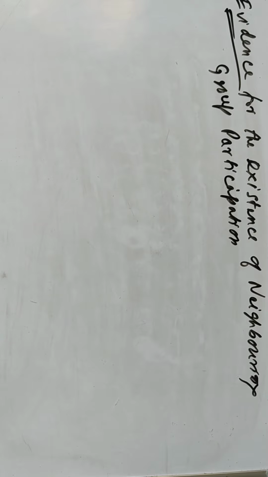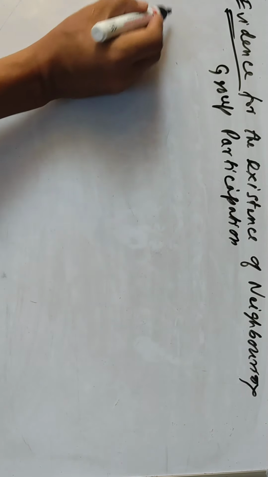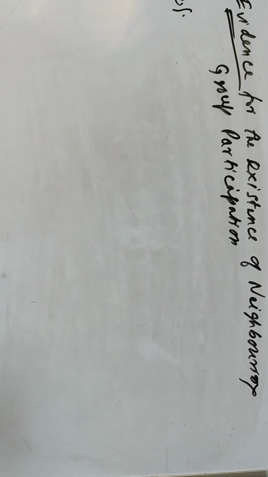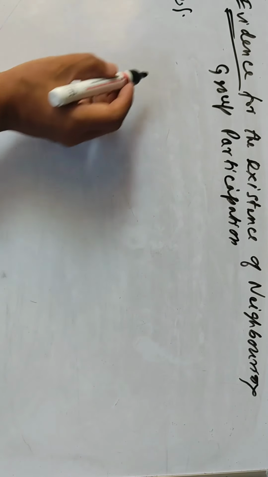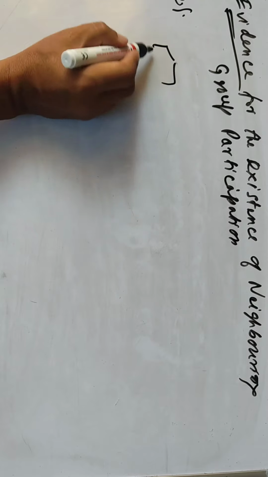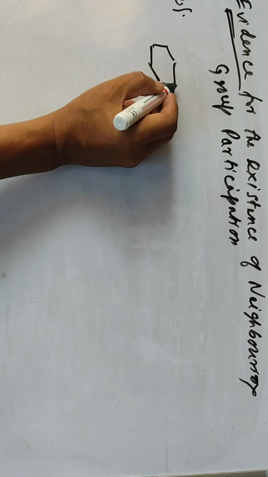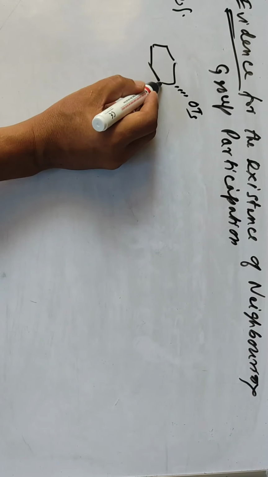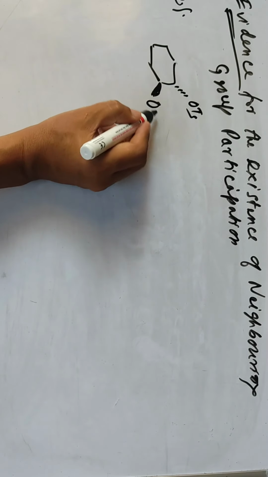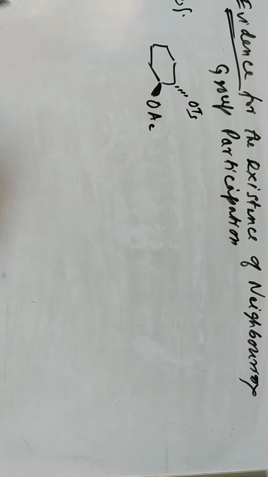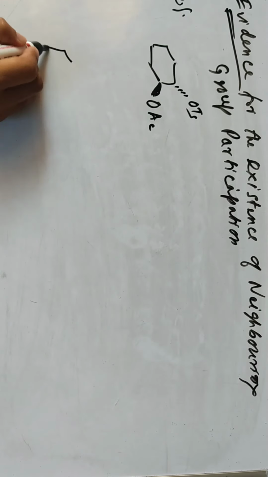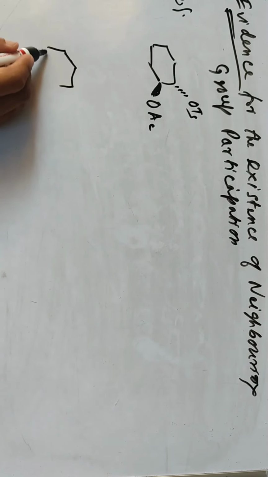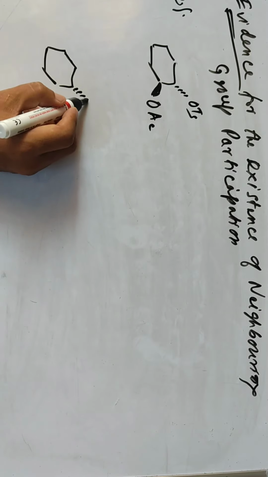So for this case, let's take two examples. Suppose we have solvolysis, or acetolysis, of two compounds. The first one has this OTs leaving group and an OAc acetate group, and the second one is the trans, and then we have cis.